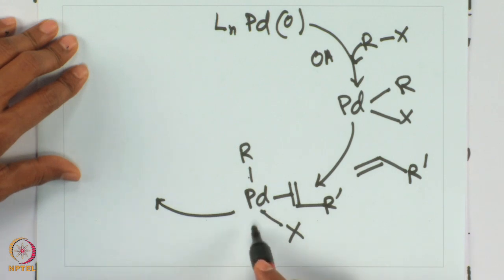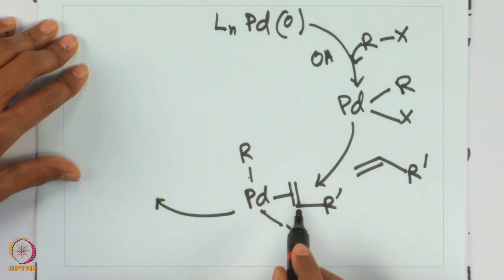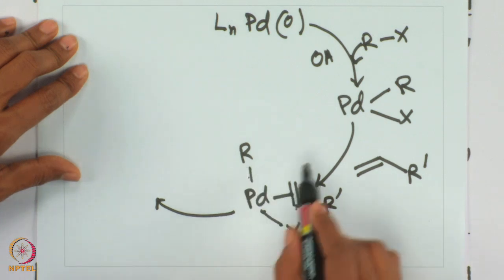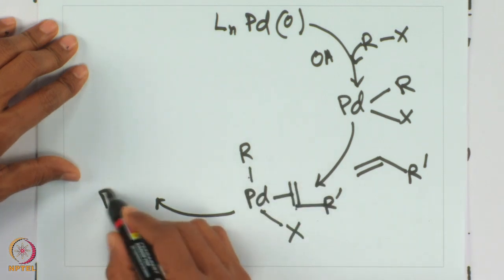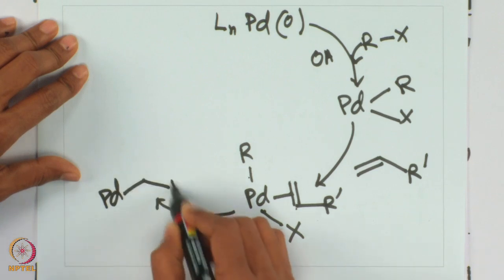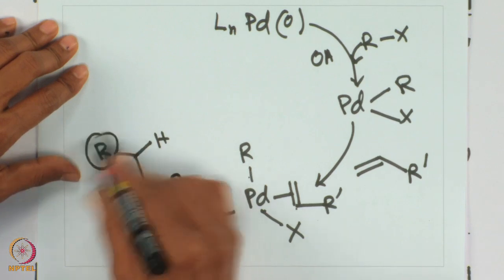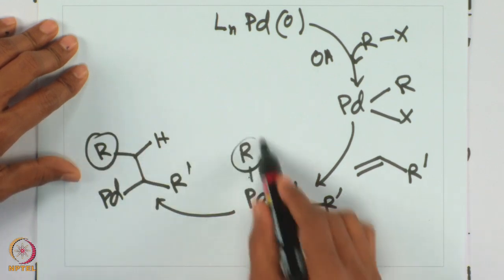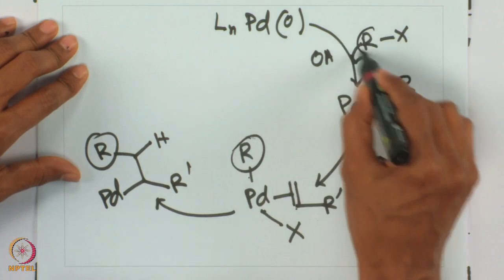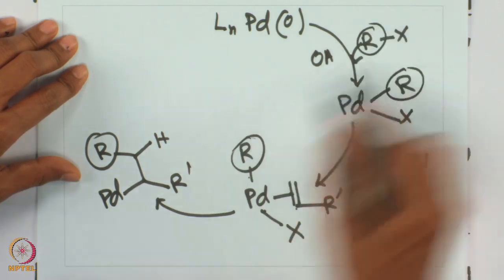Why is it a beta migratory insertion? In a moment we will see the palladium will coordinate with one of these two carbon centers. With respect to that palladium-carbon coordination, R is at the beta position. So, the intermediate we usually get is the one where R is over this one, or over that one.